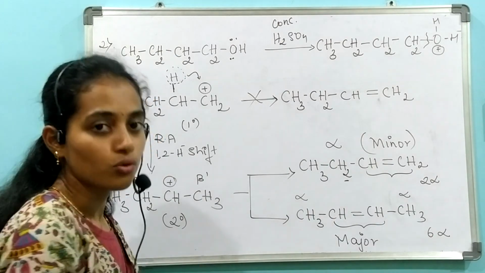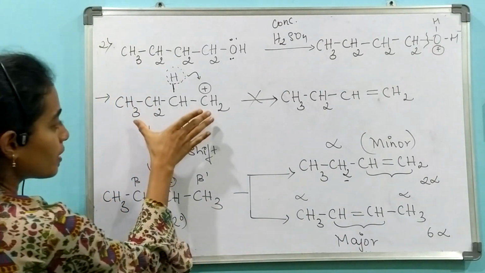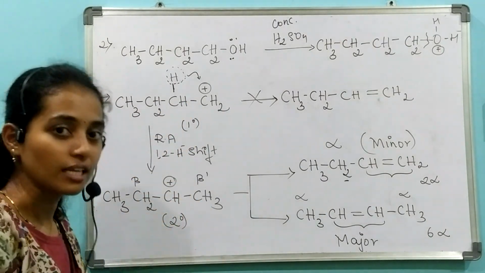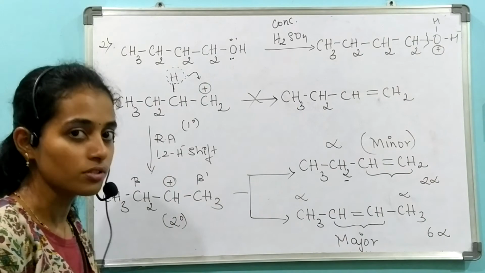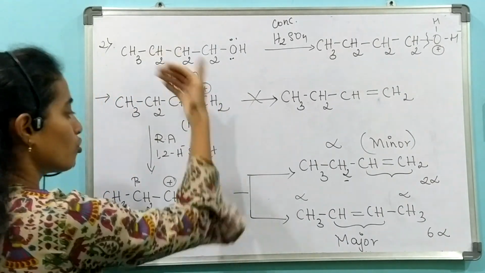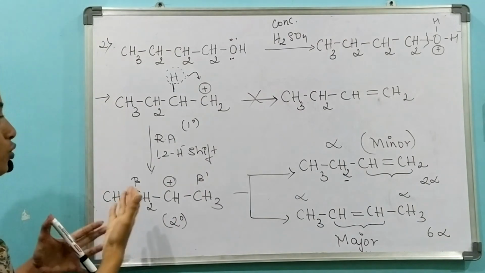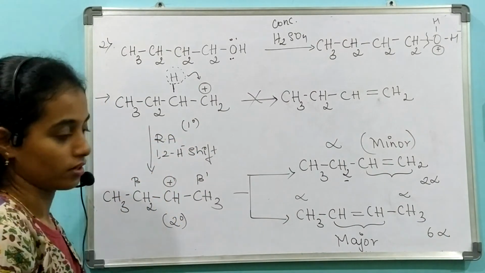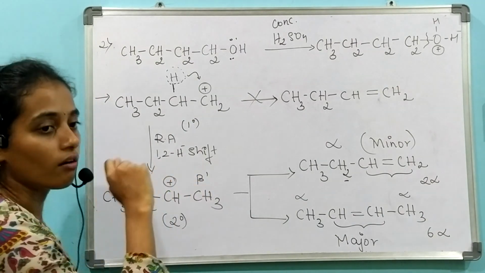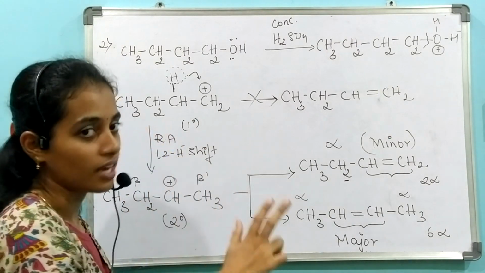But there are 2 extra points. After preparing the carbocation, if you have any possibility of doing rearrangement to make your carbocation more stable, then do the rearrangement reaction. How will you do this rearrangement? By hydride shift, or methyl or phenyl shift.